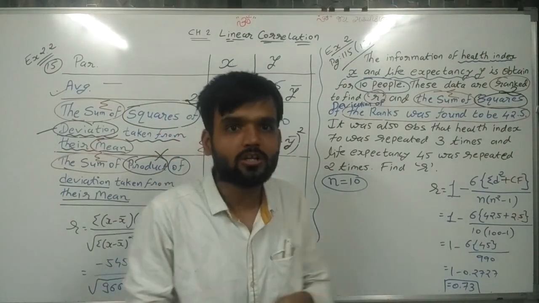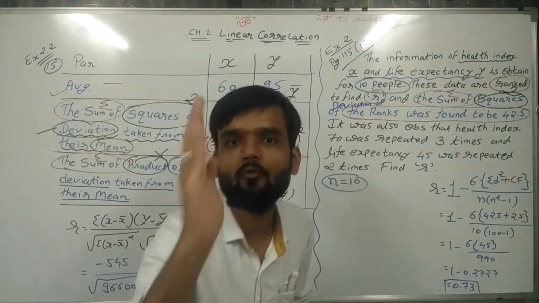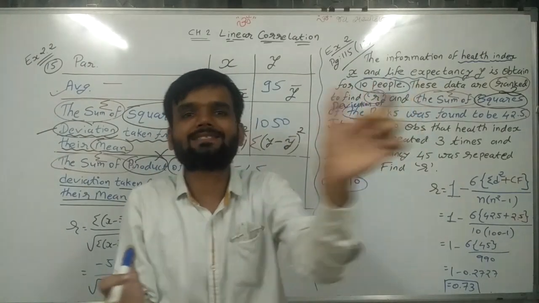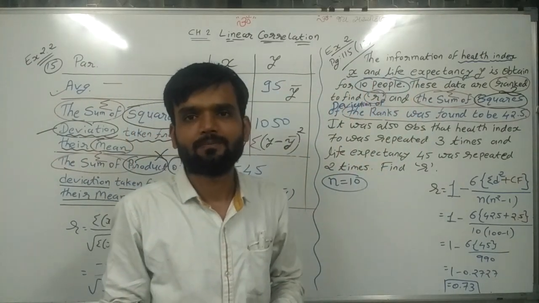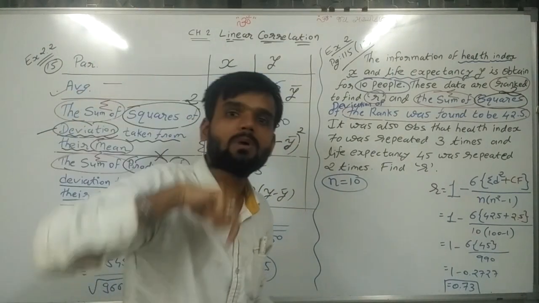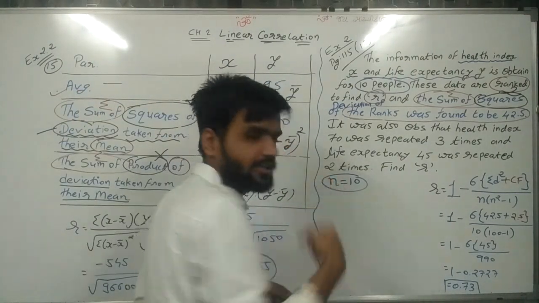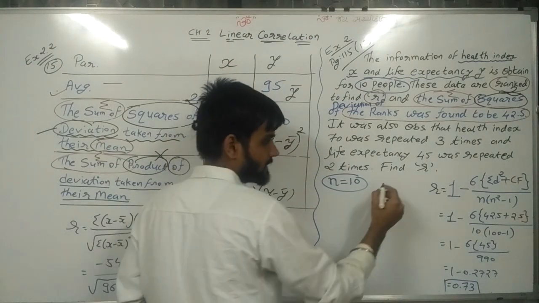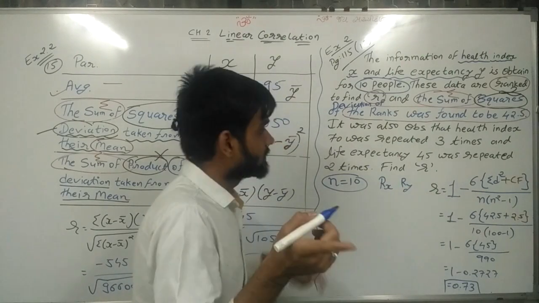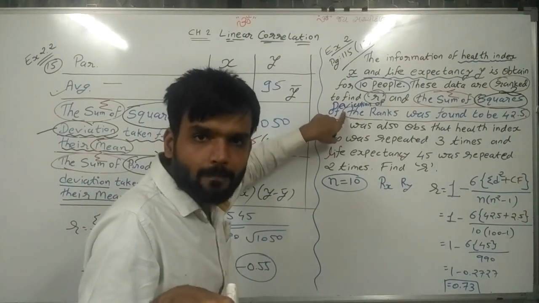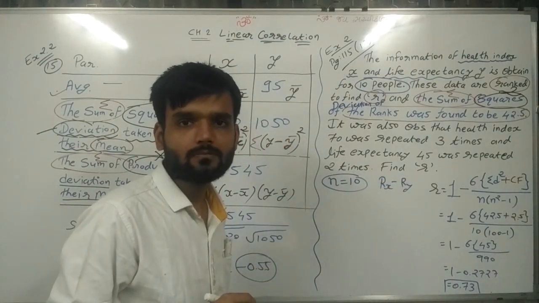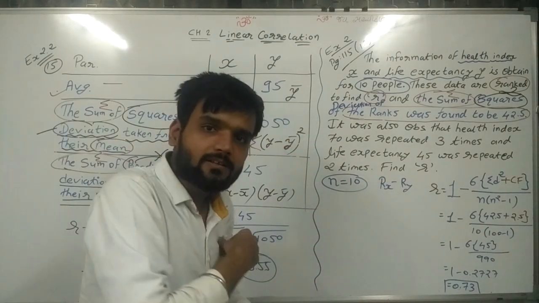Now rank means what? Rank of x and rank of y. So deviation of ranks means minus of rx and ry, and their square and their sigma. So I can write here, ranks means rx and ry, their deviation means minus, its square.